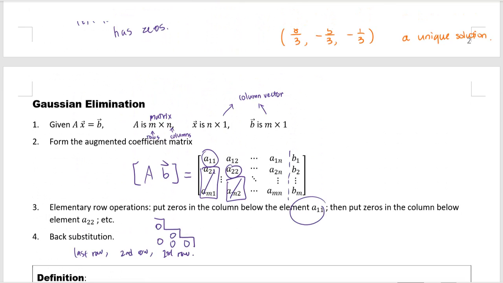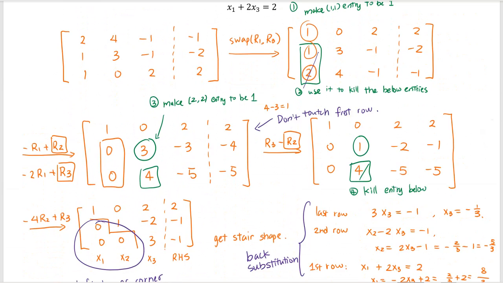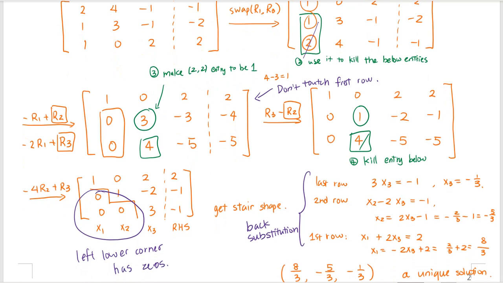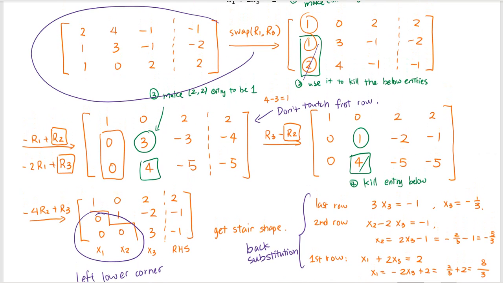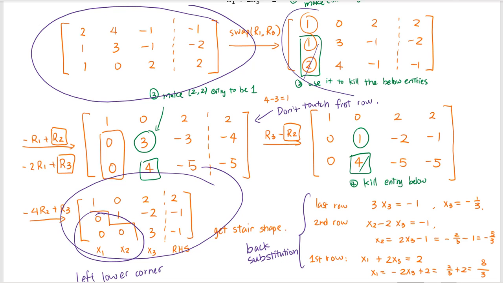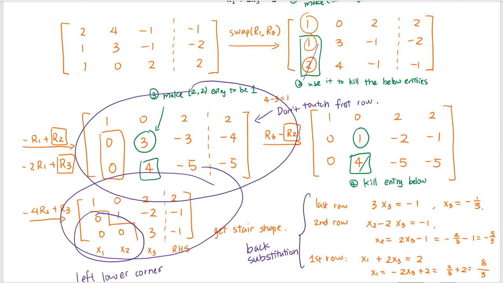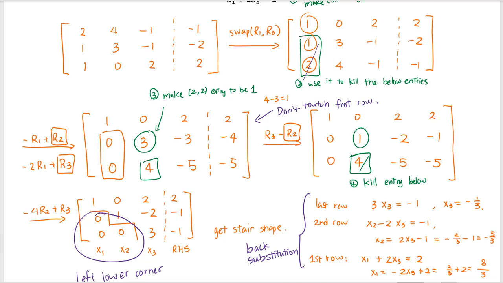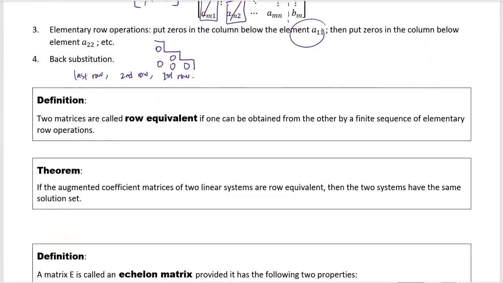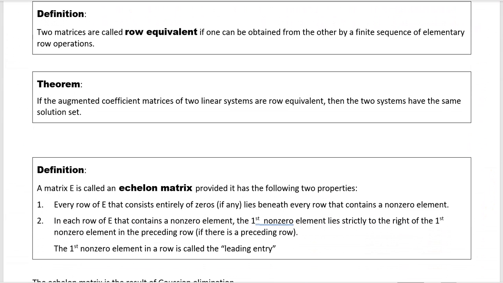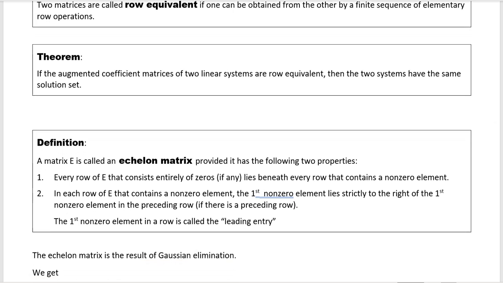So, for example, you can see this matrix and this matrix, they are row equivalent, because actually all of these matrices are row equivalent. Because we just perform a sequence of elementary row operations, so all those matrices are equivalent. Okay, next.